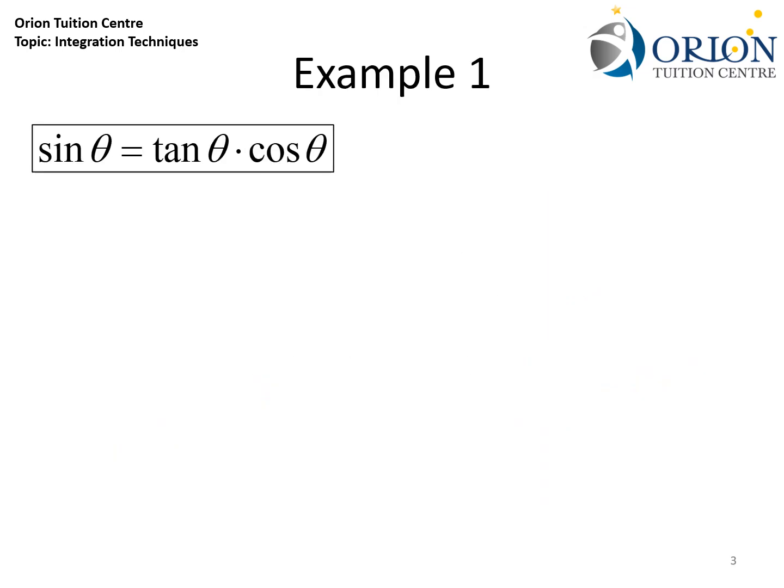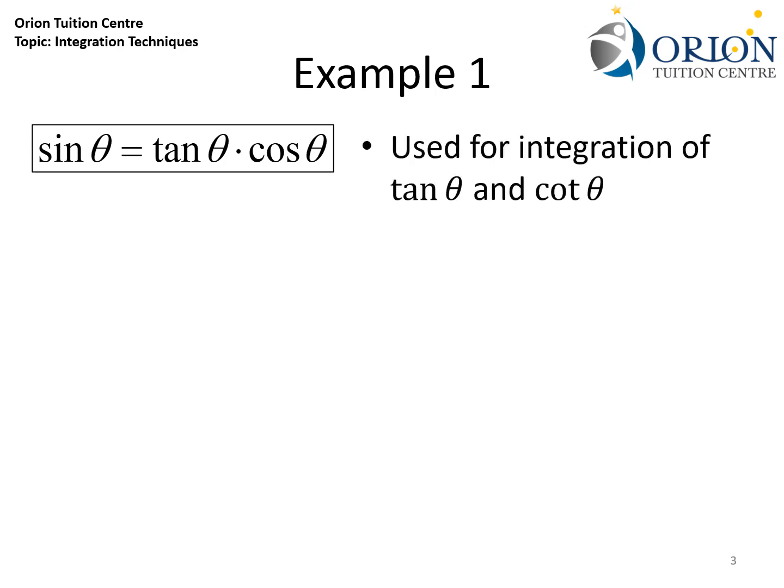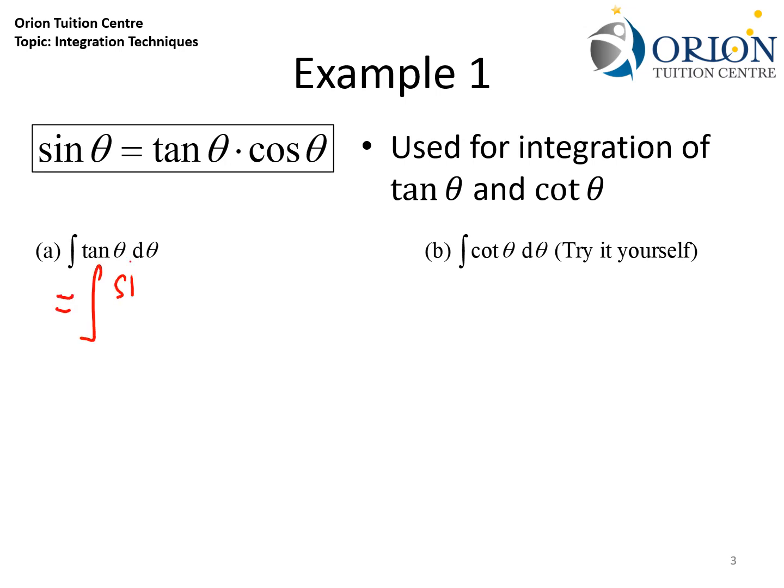The trigo identity sine theta equals tangent theta times cosine theta is commonly used for the integration of either tangent theta or cotangent theta. For example, in part A, to integrate tangent theta, what we can do is to simply rewrite tangent theta as sine theta over cosine theta.